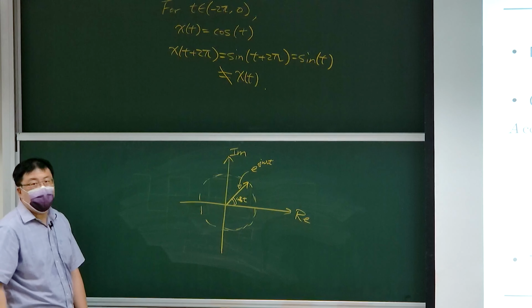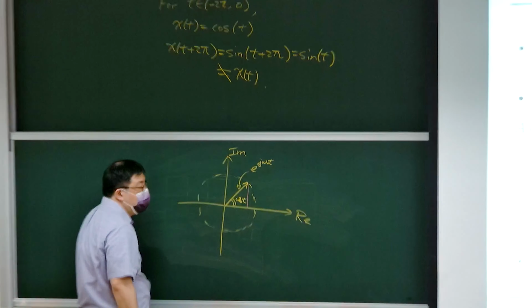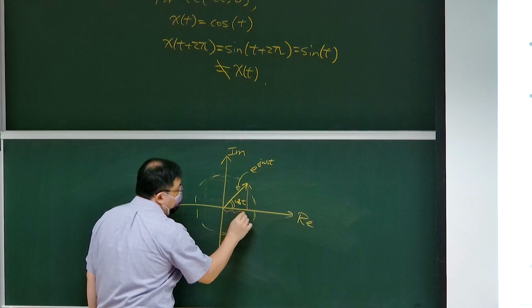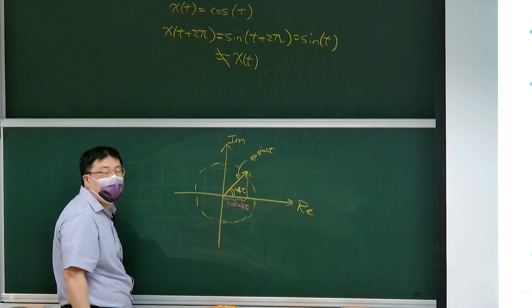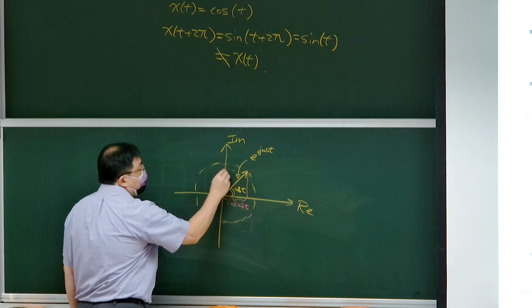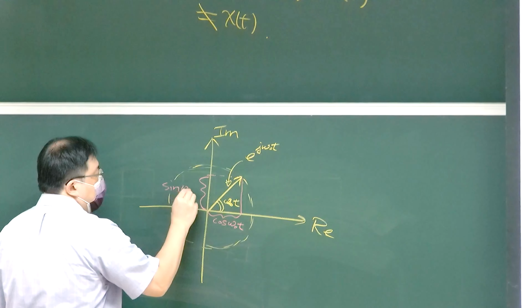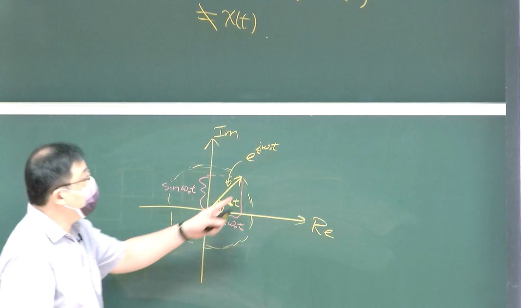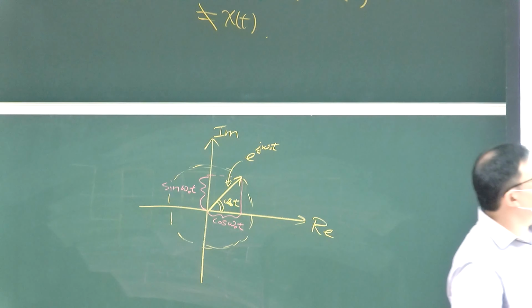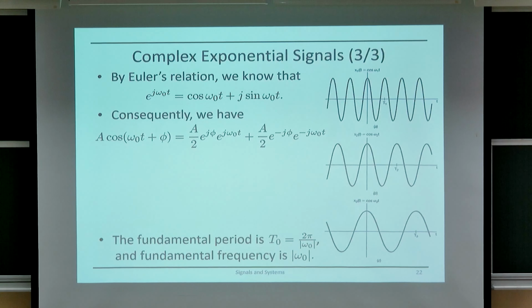If you project this point onto the real axis, you get cosine omega naught t, and if you project this onto the imaginary axis, you get sine omega naught t. So e to the j omega naught t is equal to cosine omega naught t on the real axis and sine omega naught t on the imaginary axis.